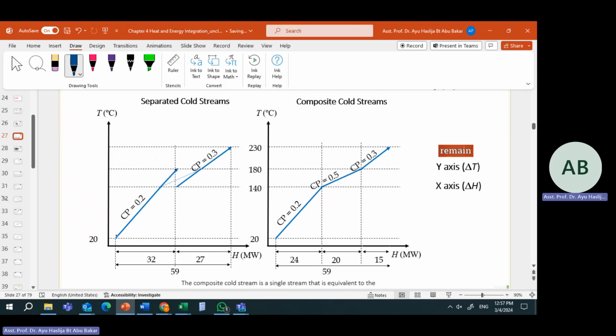C1 from 20 to what point? 180. C1 is 20 to 180.